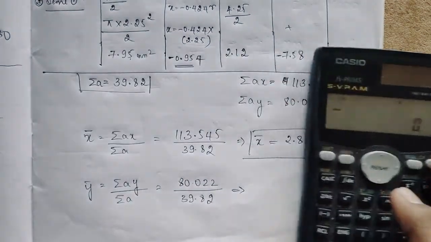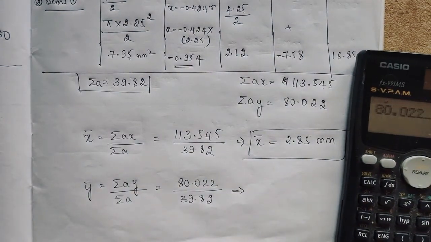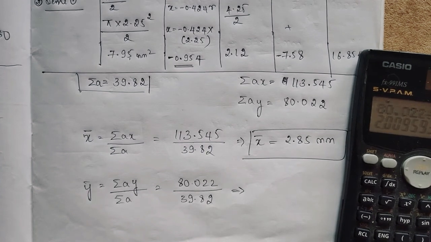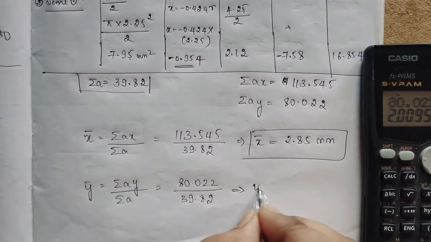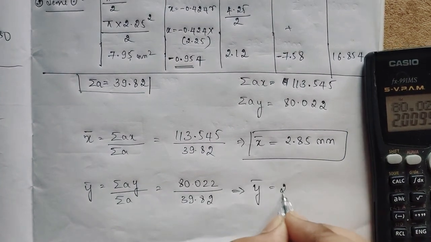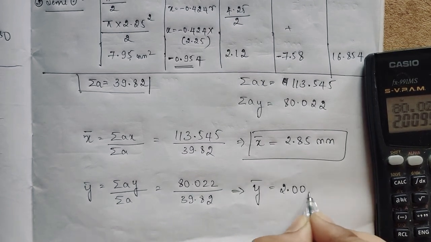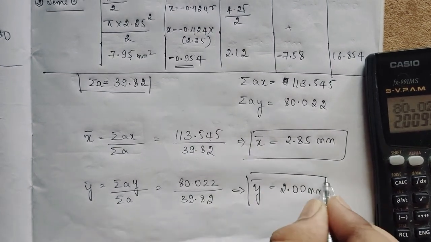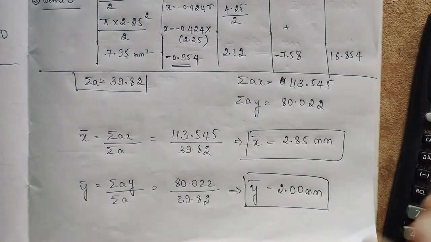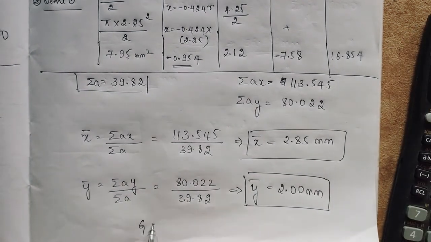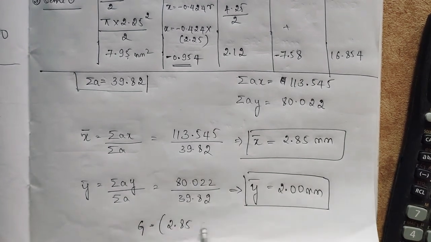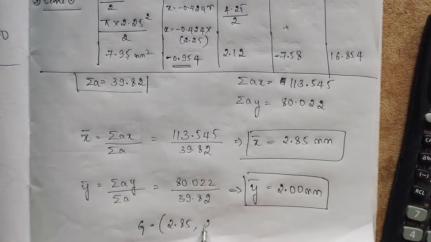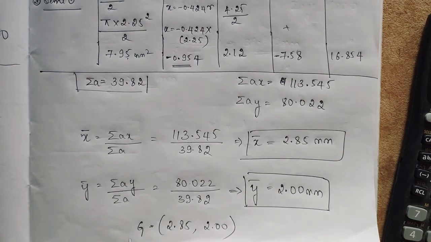The same is calculated for y: 80.022 divided by 39.82, so y bar is equal to 2.2 mm. So the centroid of the given figure will be at an x distance of 2.85 and a y distance of 2.2 mm.